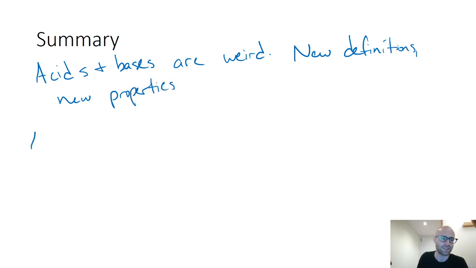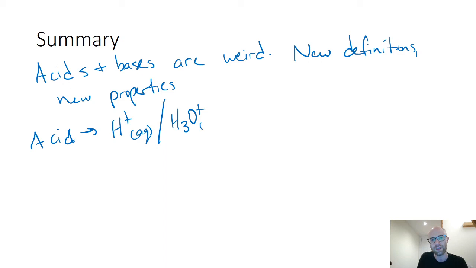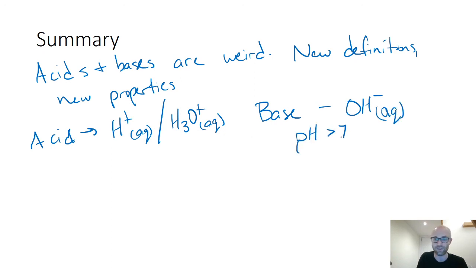But by the Arrhenius definition, acid means H plus aqueous or H3O plus aqueous. Base means hydroxide, OH minus, aqueous. Here are your pH values: greater than 7 for bases, less than 7 for acids. More properties, go back, read the properties, you should be familiar with them.